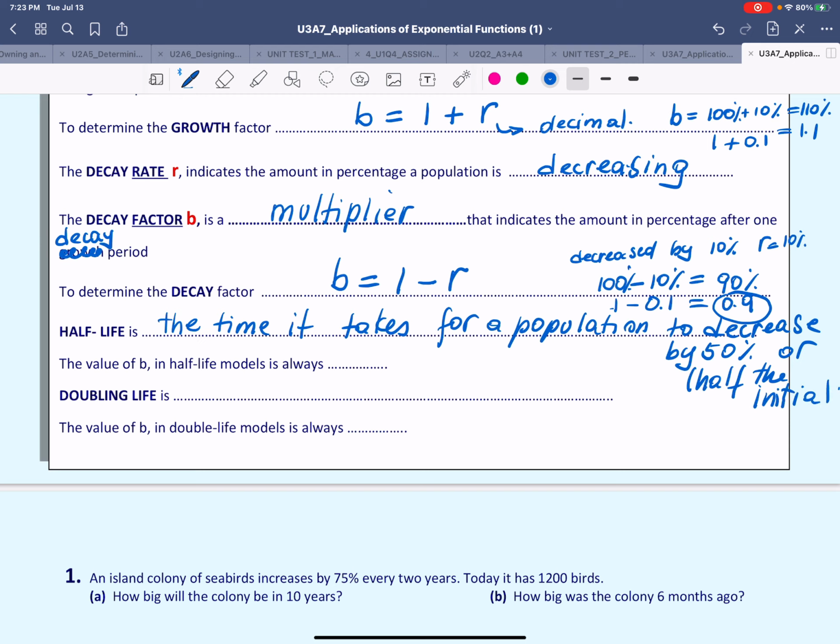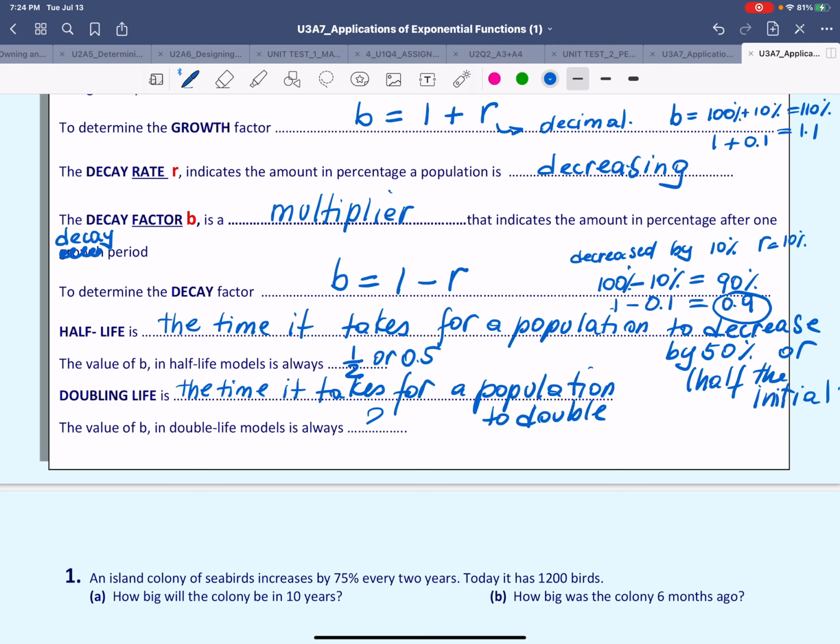The value of B in half-life model is always 1/2 or 0.5. Doubling life, on the other hand, is the time it takes for a population to double, to double in size, right? And as you might have guessed already, the value of B when a population is doubled will be 2.